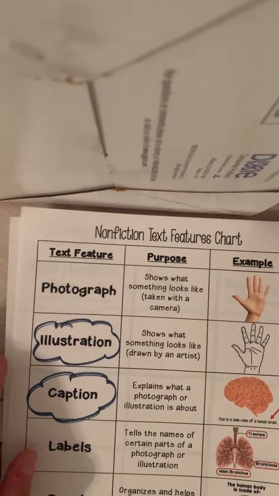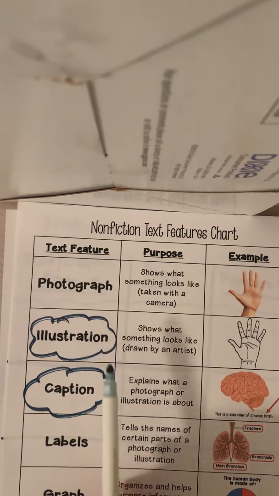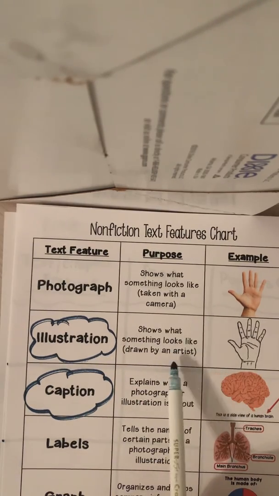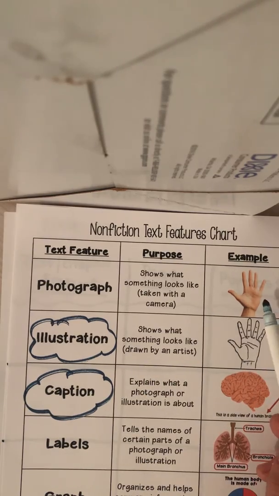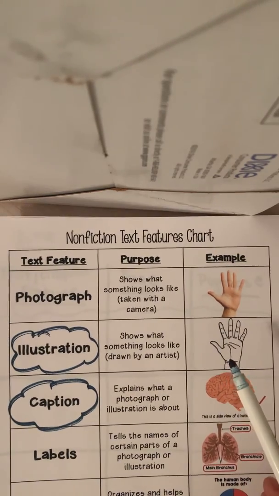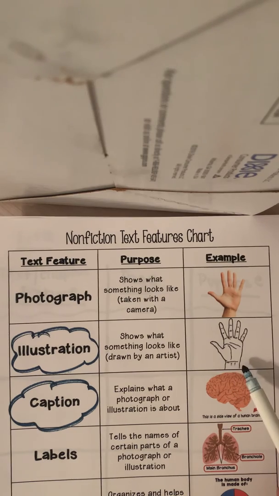The last 2 we're going to be talking about are illustrations and captions. So illustrations are basically just a fancy word for pictures. And it shows what something looks like, and it's drawn by an artist. So I can see the difference between a photograph and a drawing. My photograph is an actual picture taken with a camera, and my illustration is a drawing.